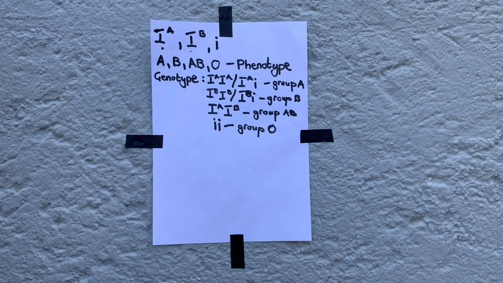This is not a typical genetic cross, but we could use a Punnett square to answer this question.